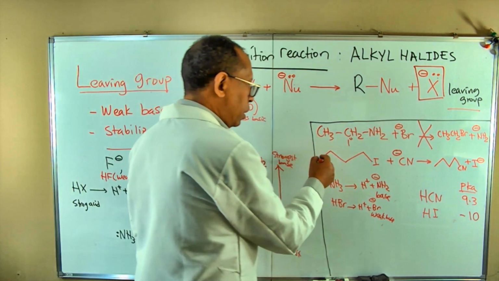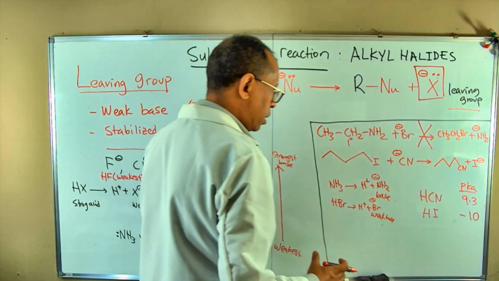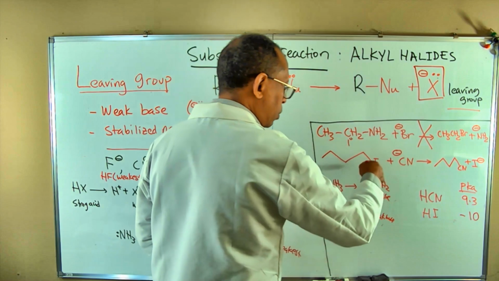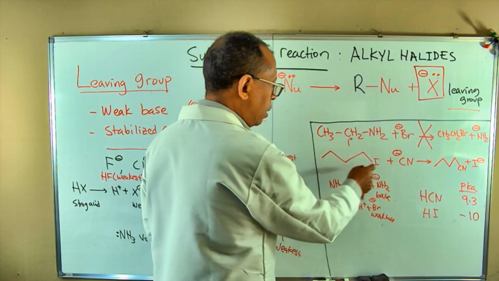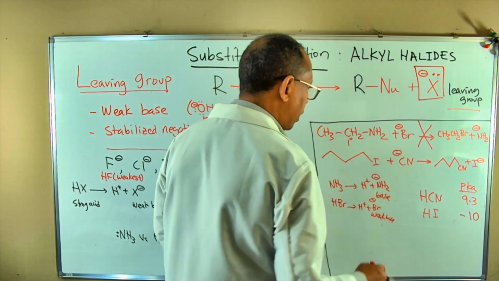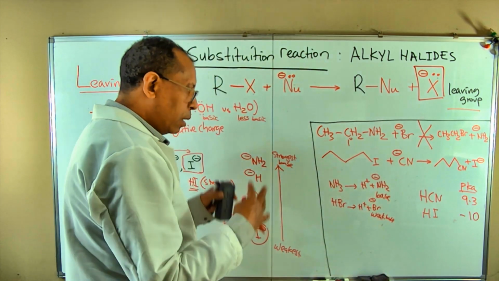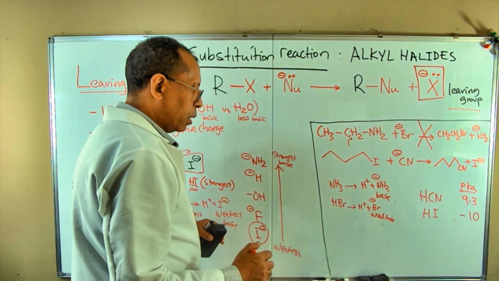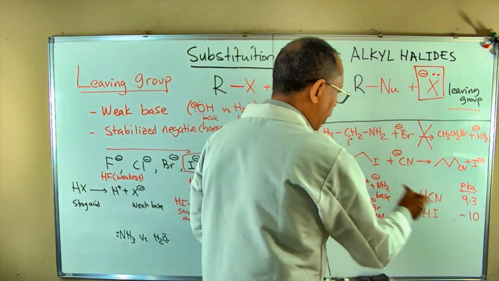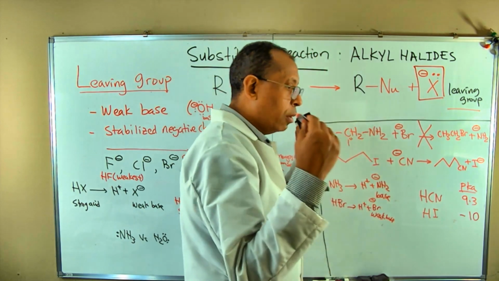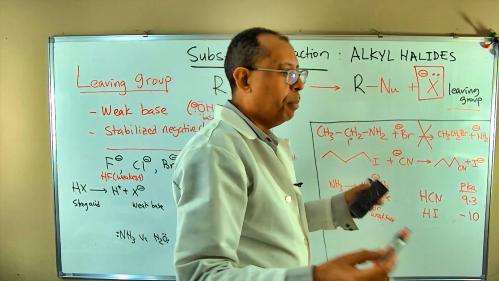Okay, so in the next reaction, let's see these two comparisons we have. You have an iodo alkyl halide, and you have a nucleophile, a cyanide nucleophile. Let's see what this reaction looks like. The HI, the acid form of this, is just for us to know what kind of base that is.